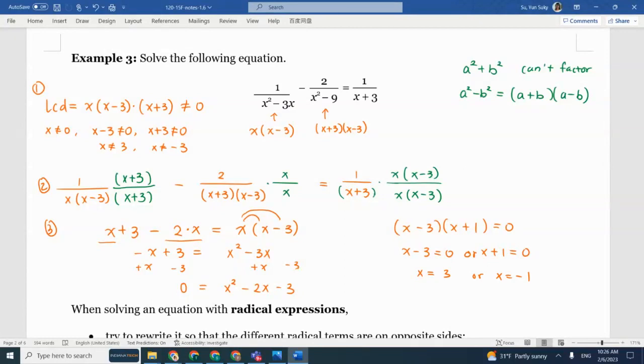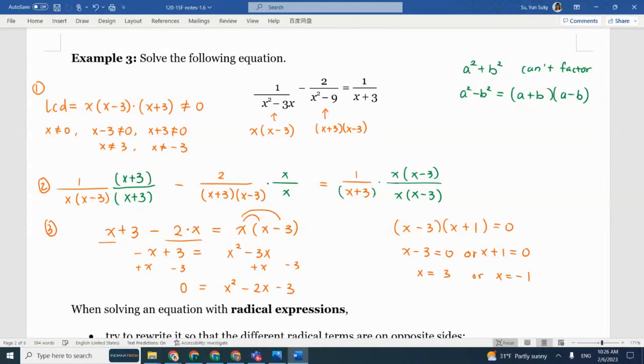Then we check the domain. So when you have equations involving rational expressions, the domain is not all real numbers. You have to check the domain in the last step. Then x equal to 3? No. See?